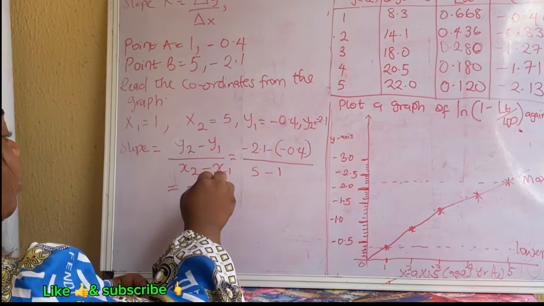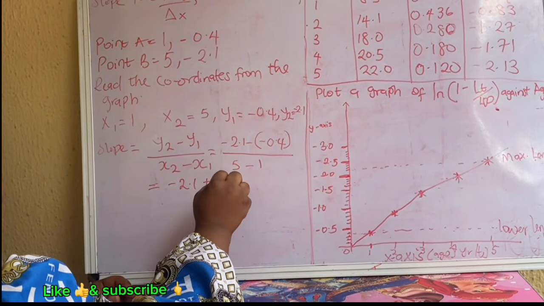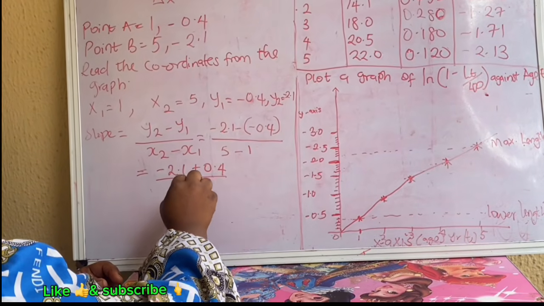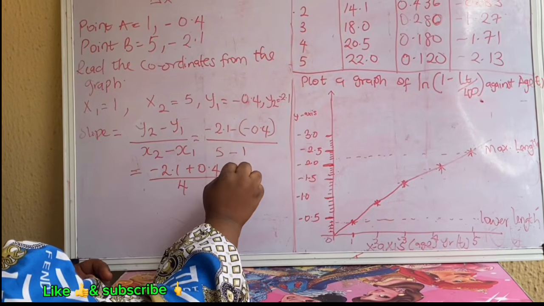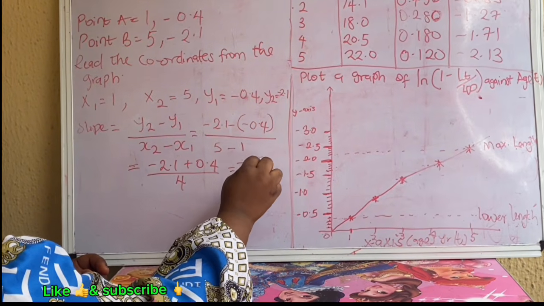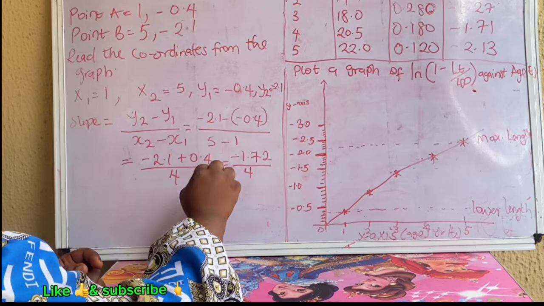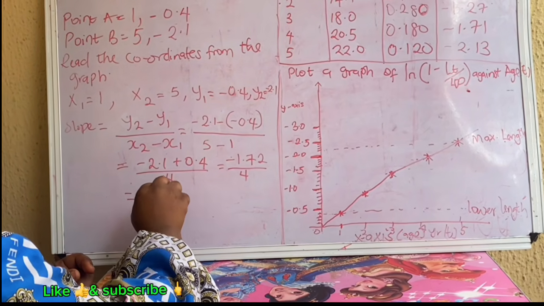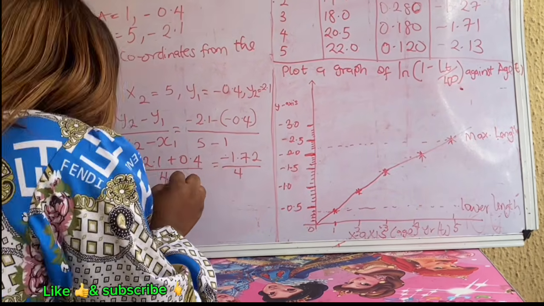Minus 2.1 plus 0.4, minus times minus is plus, all over 4, which gives you minus 1.7 all over 4. It will now give you minus 0.43.